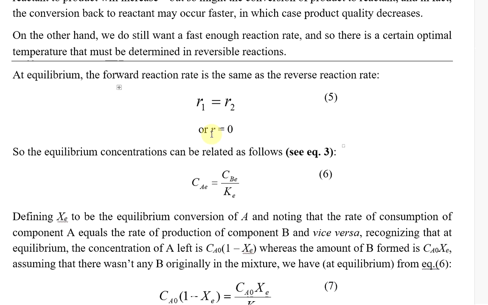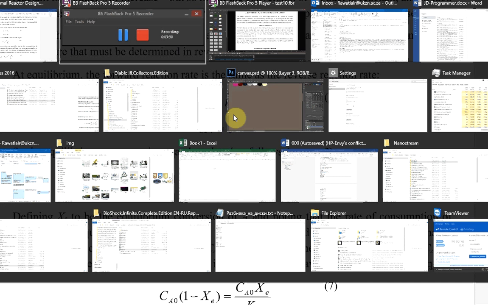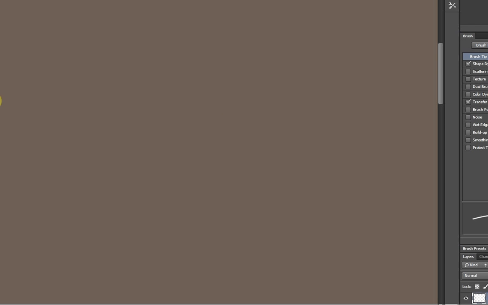Of course, equilibrium will be where the two reaction rates are equal. So R1 equals R2. So we have that R1 equals K1 Ca, and R2 is K2 Cb.